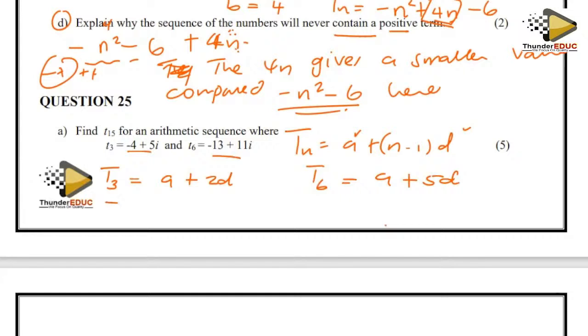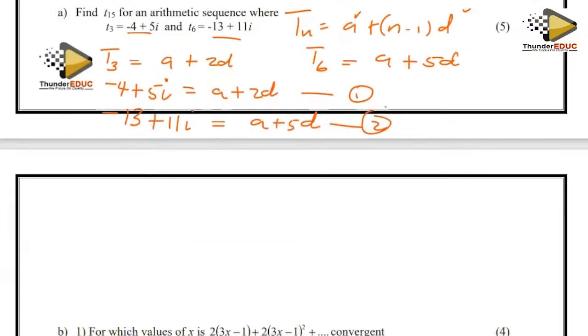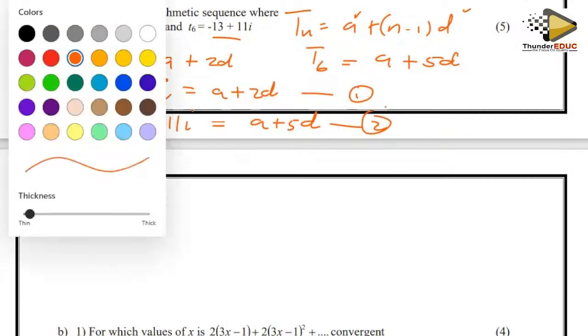So that's negative 4 plus 5i equals a plus 2d. That's equation number 1. Then for T6, negative 30 plus 11i should give us a plus 5d. That's equation number 2. Then I can choose to subtract the 2 equations so that I can find the value of d and also get the value of a.